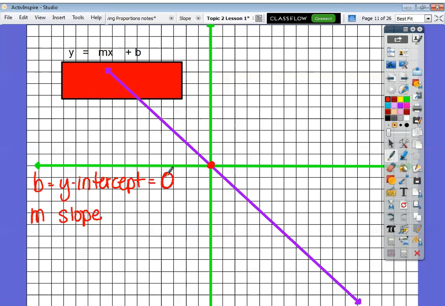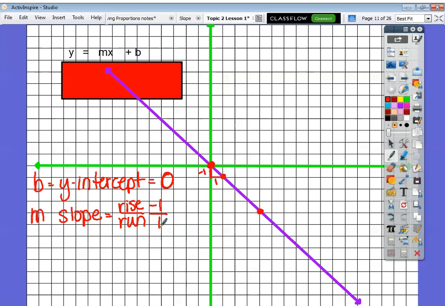Now my slope is always rise over run. So I'm going to find some good intercepting points. Well, look at that, that's a good one. That's another good one. So it looks like I went down 1. That's a -1. So my rise was -1. Then I went right 1, so that's a +1.